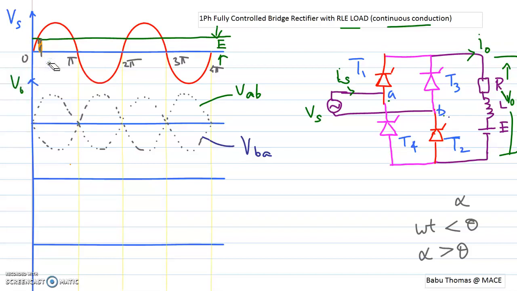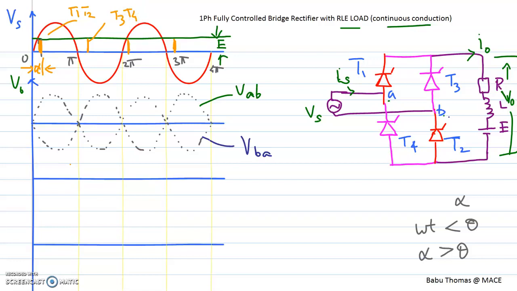Now I am going to fire my thyristor at the same value of theta, so this is nothing but your angle alpha, that is your firing angle. So I'll be firing it over here, again here, again my firing will be happening here, and again here. So these are the firing pulses I am going to give to the thyristors. So this is for T1 and T2, and this is the one given to T3 and T4.